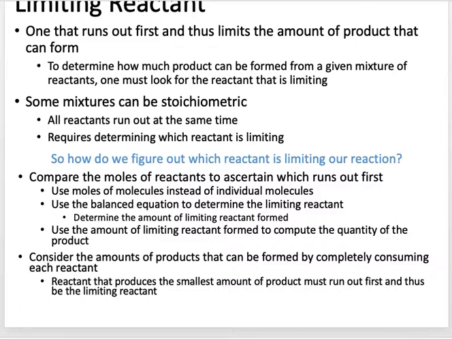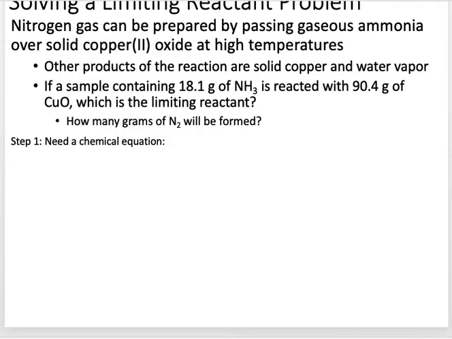It really will depend on the information provided to you in the question. You can either compare moles of the reactants to figure out which would run out first, or you consider amounts of products that can be formed, and that will determine limiting reactant. In your homework for this chapter on OWL, you will have both ways to solve for it, so you'll get practice with both.